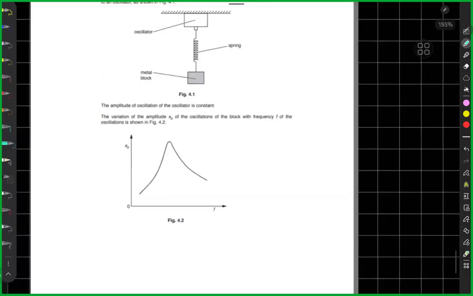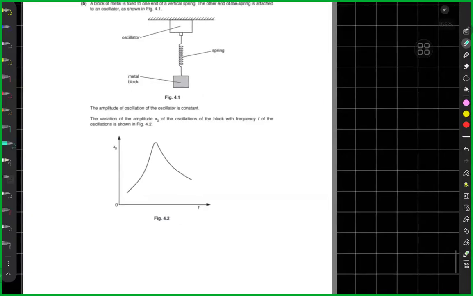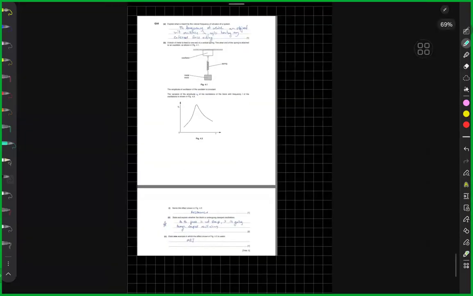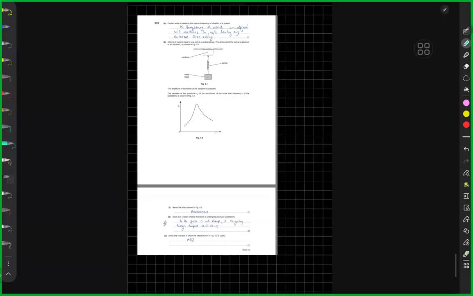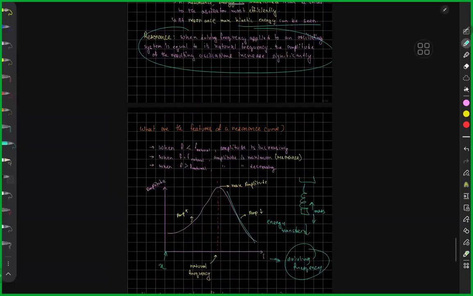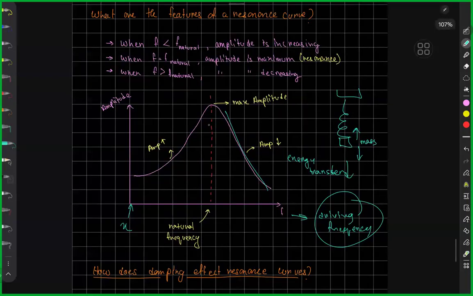So the logic of the lack of energy transfer applies both in this case and in this case. Depending on what system you're working with, the shape of the resonance curve can vary. So the shape of this amplitude versus driving frequency can vary.